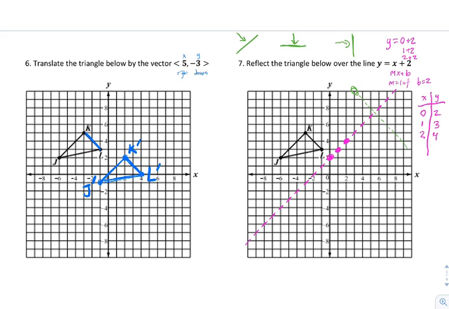So let's do this. We got L is 1 diagonal away, so we'll go 1 diagonal to the other side, and here is the new L, okay? K was 1, 2, 3 diagonals away, so 1, 2, 3 diagonals away over here. J was 1, 2, 3 diagonals away, so 1, 2, 3 diagonals away on this side.